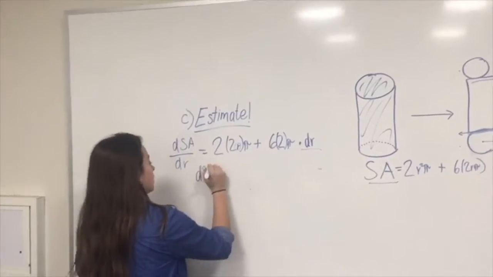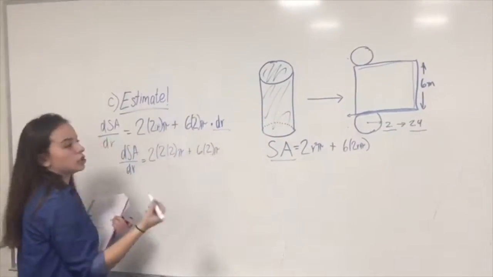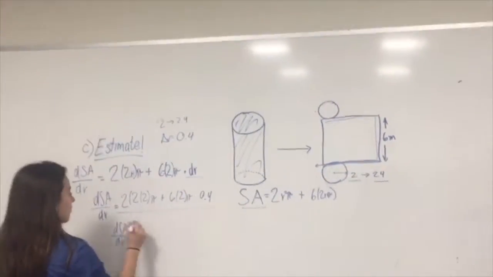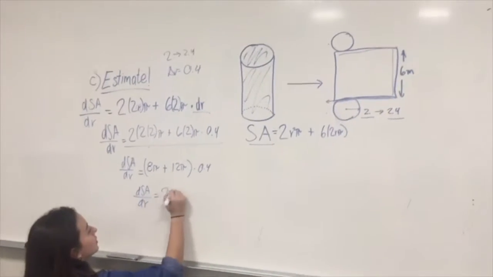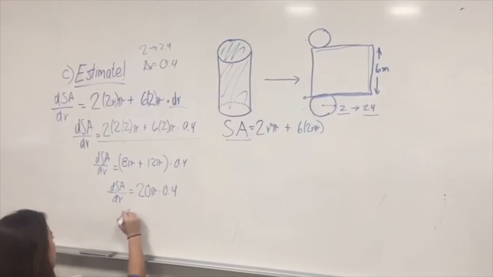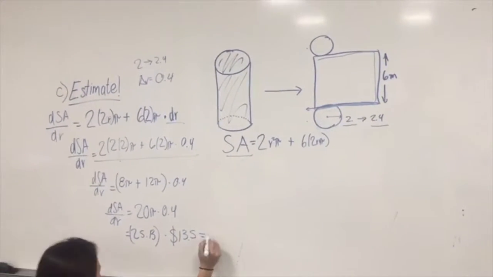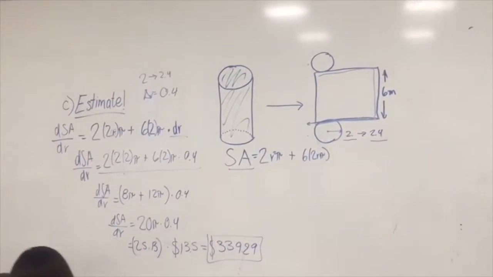When we do the formula, we're going to plug in the original radius that we know. And instead of dr, we're going to plug in the difference, which is 0.4. Then the answer it gives us, we need to multiply by 13.5, which is the cost, and that will be our final answer, which is $339.